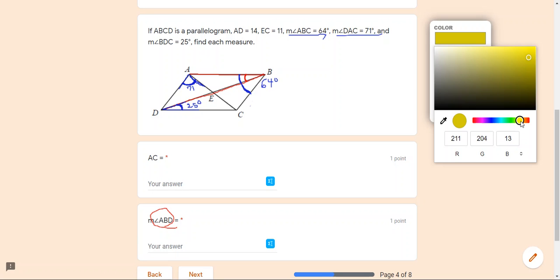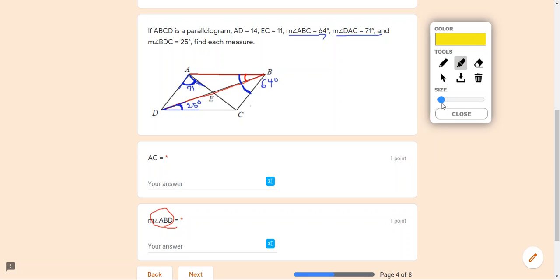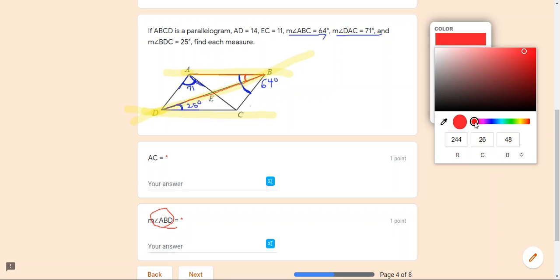But what we do know is that we have a parallelogram, and because we have a parallelogram, both sides are parallel to each other. So this side is parallel to this side. If I use this line as a transversal, it becomes clear that we have an alternate interior angle situation.